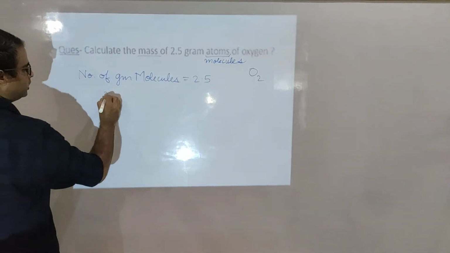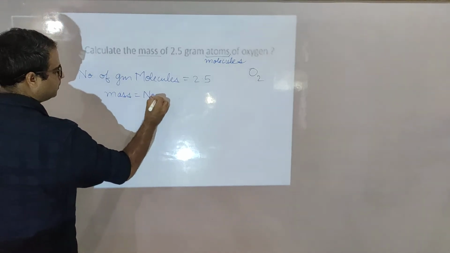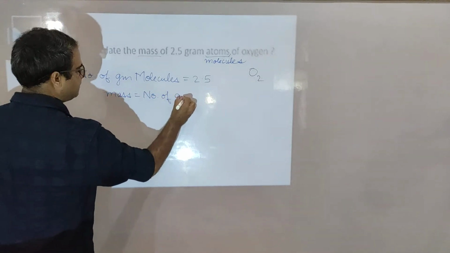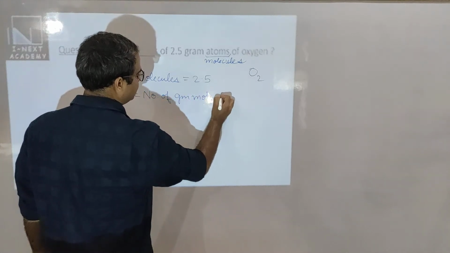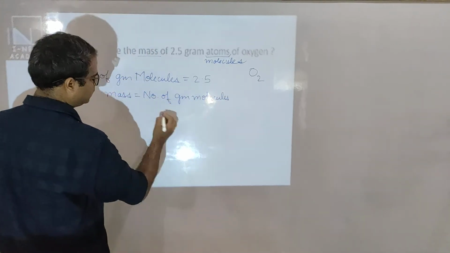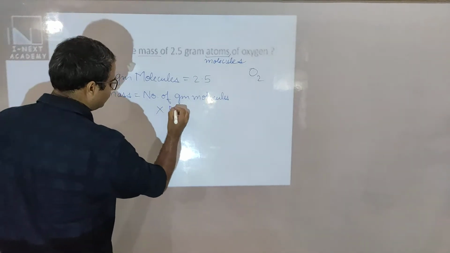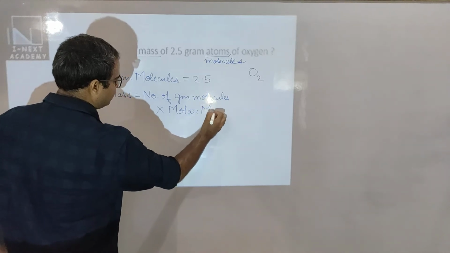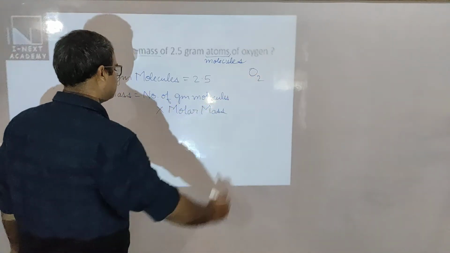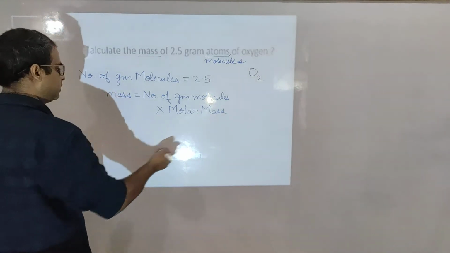Then mass will be the number of gram molecules multiplied by molar mass. Here our molecule is O2, oxygen, so for the molar mass we will take 32.